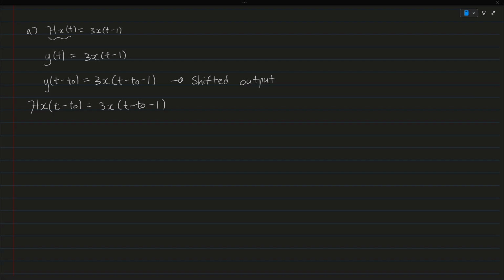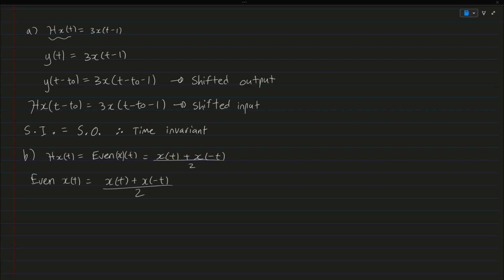So this is the shifted input. And because the shifted input is equal to the shifted output, this system is time invariant because it doesn't change.